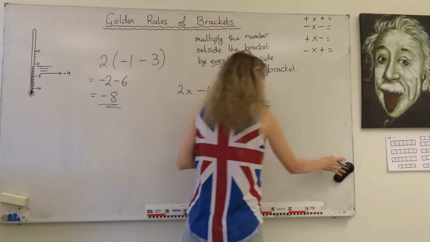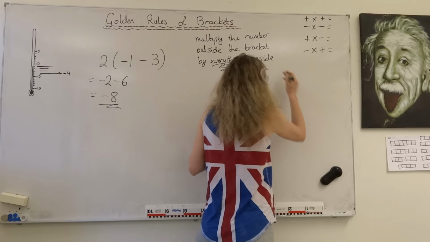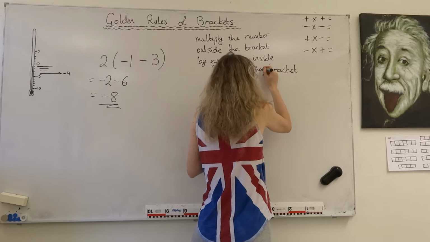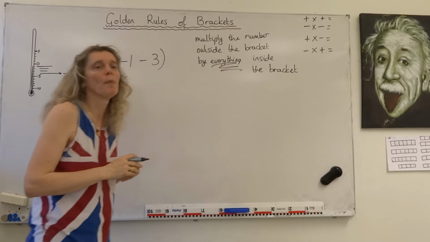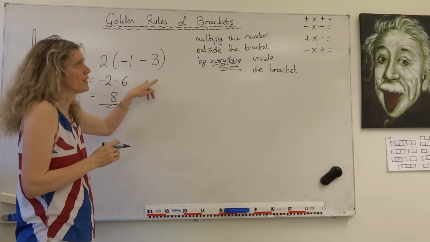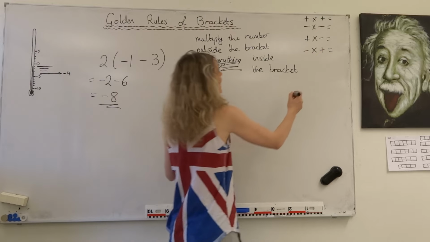One of the other things that I see as the most common mistake when it comes to brackets is mixing up your multiply and divide rules with negative numbers. And there's another very simple golden rule here in maths.